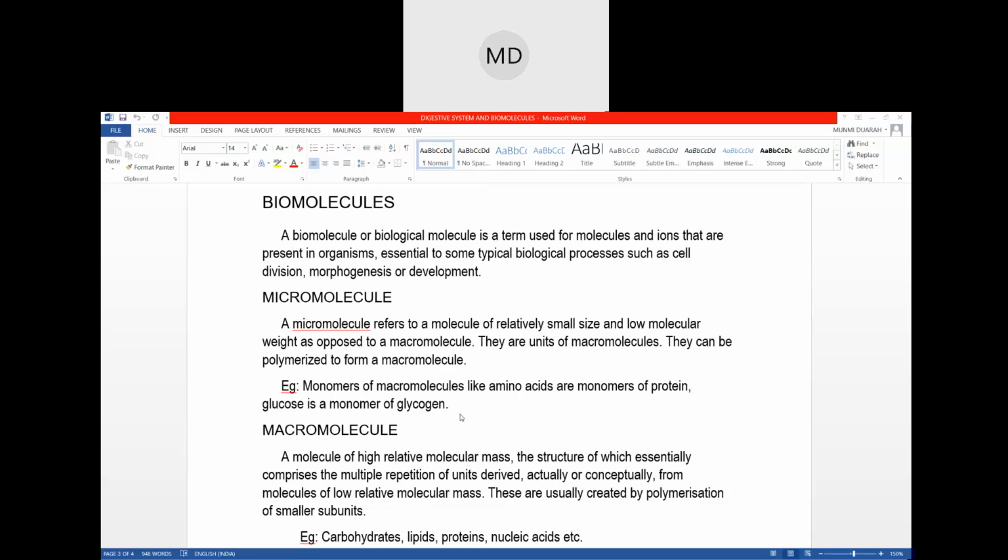Next thing is that macromolecules are made of monomers. What is the meaning of monomer?